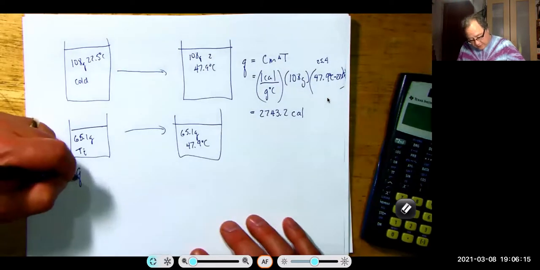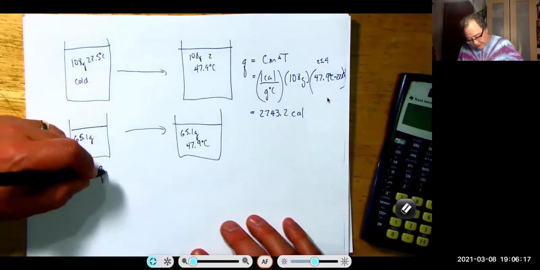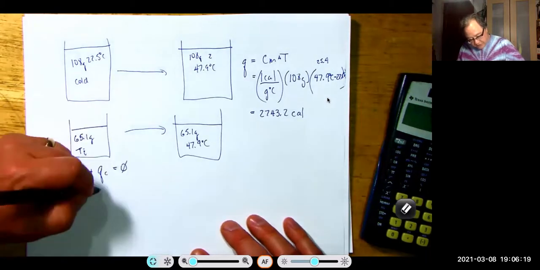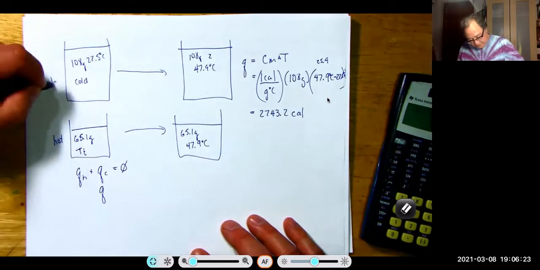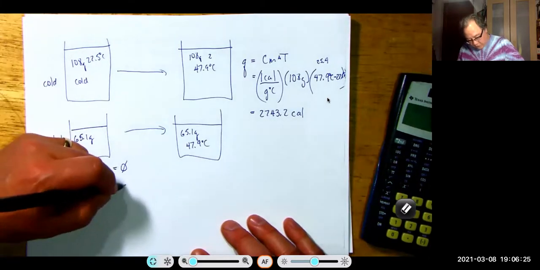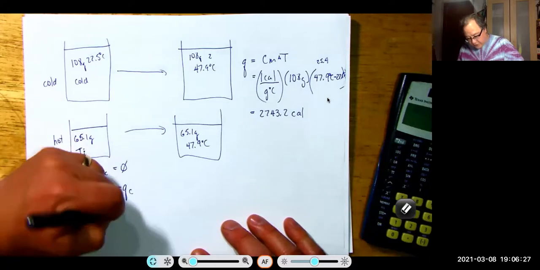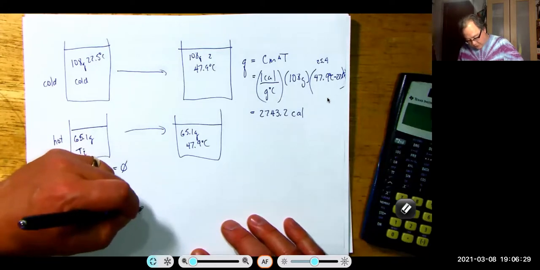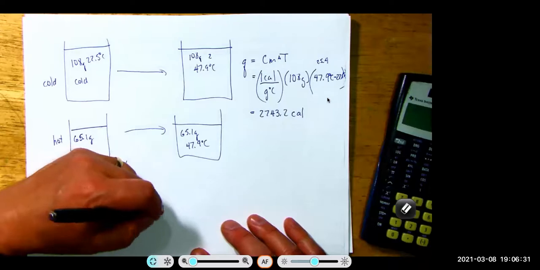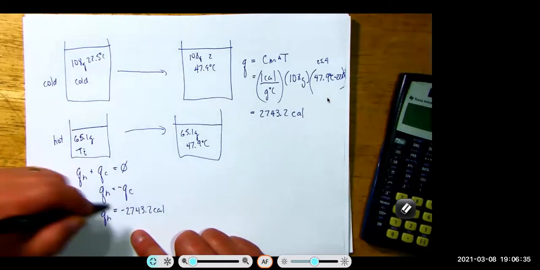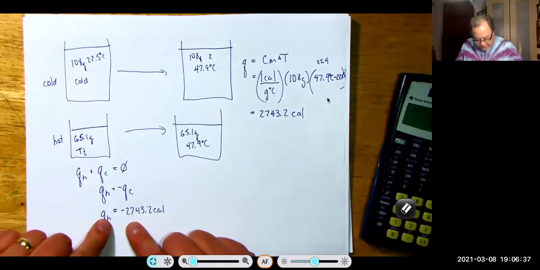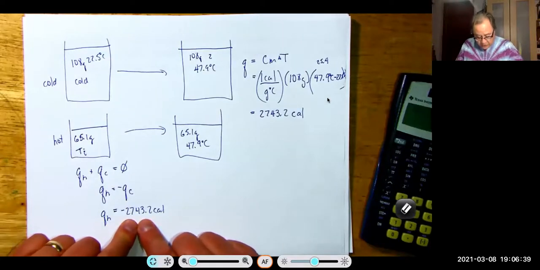Q of the hot plus Q of the cold is equal to 0. So Q of this hot water is equal to negative Q of the cold water, which is negative 2743.2 calories. Right. And we want to pause for a moment and think about that. That means that the hot water gave off that much energy to the cold water.